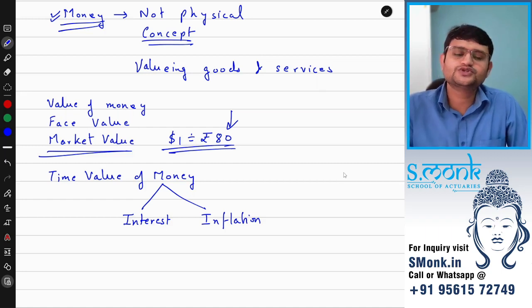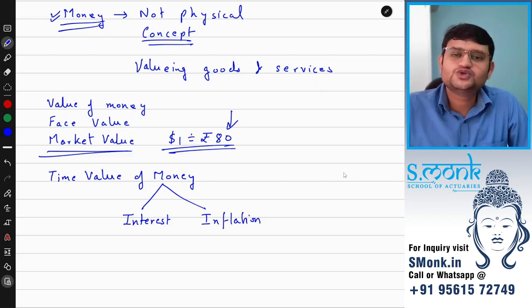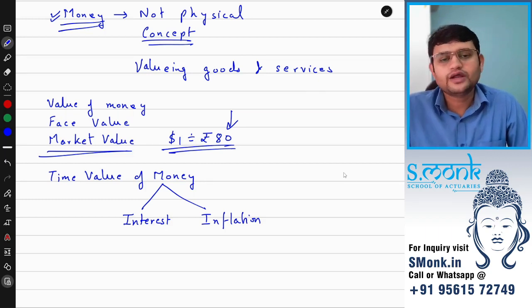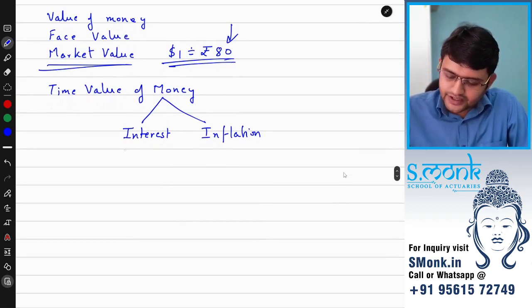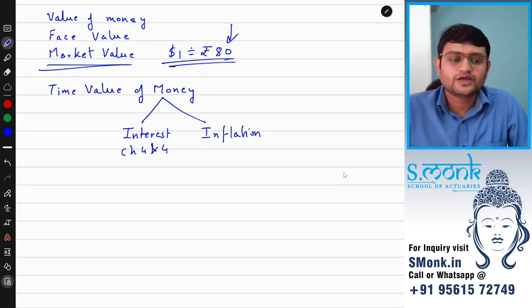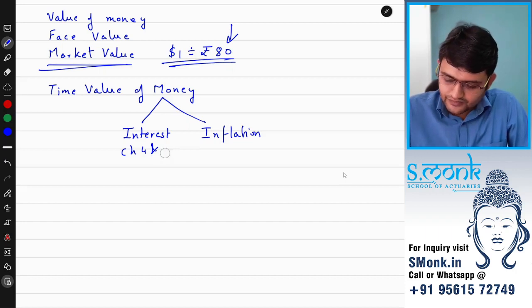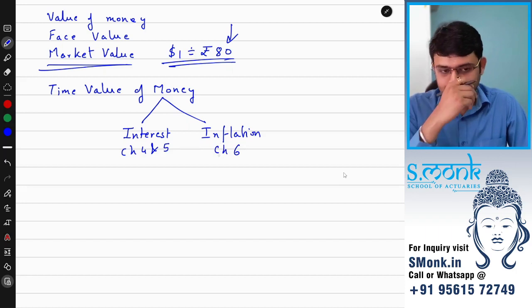So in this course we are worried about time value of money that changes due to interest or inflation. Now for interest we have chapter 4 and 5. We are going to study time value of money that changes with interest in chapter 4 and 5, and inflation we are going to study in chapter 6.